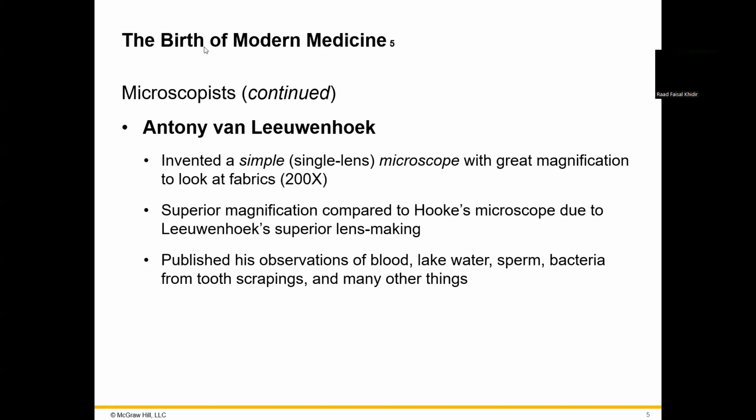What's my total magnification now? Exactly, because I multiplied the ocular magnification, 10, by my objective magnification, which is 40. 10 times 40 is 400. So he gave us the idea that you can put lenses together to increase the magnification.